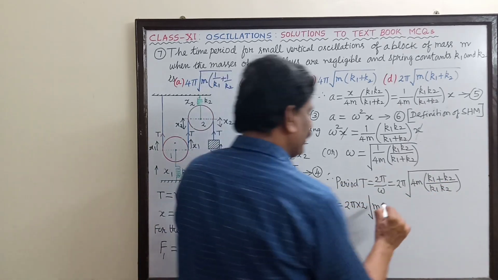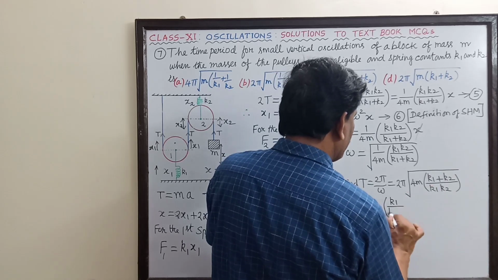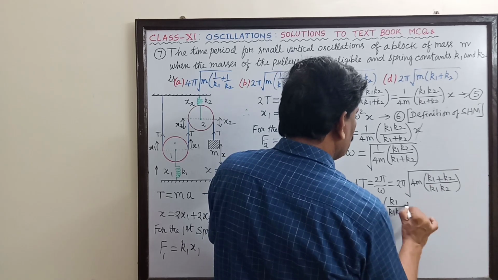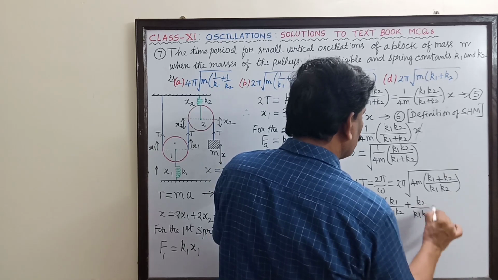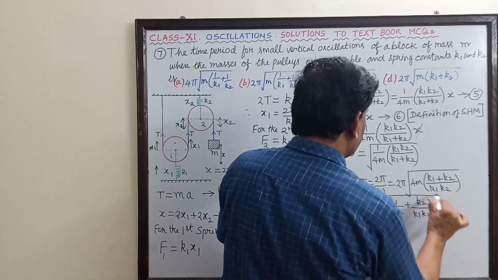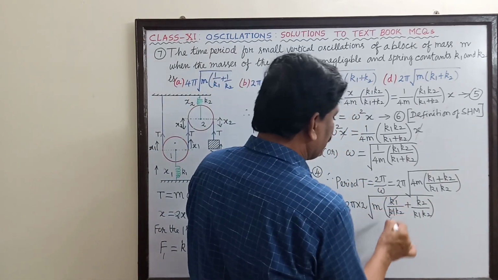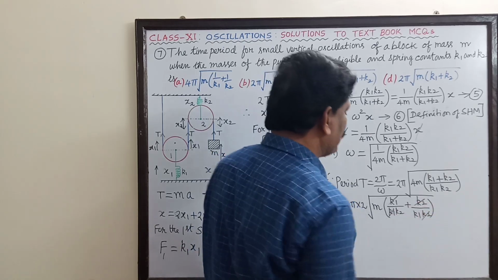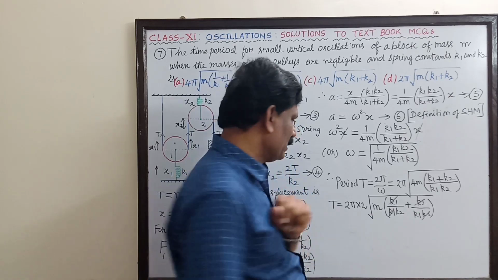How I am writing, you see here. So this is k1 divided by k1 k2 plus k2 divided by k1 k2 inside the square root. So here k1 and k1 get cancelled, here k2 and k2 get cancelled, so that 1 by k1 plus 1 by k2 will be remaining, is it not?